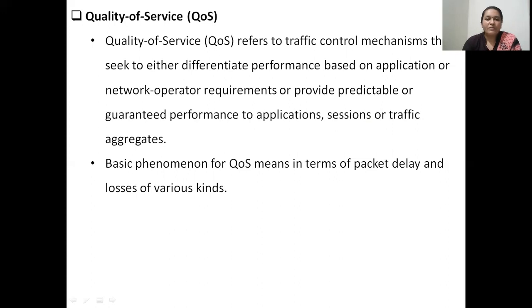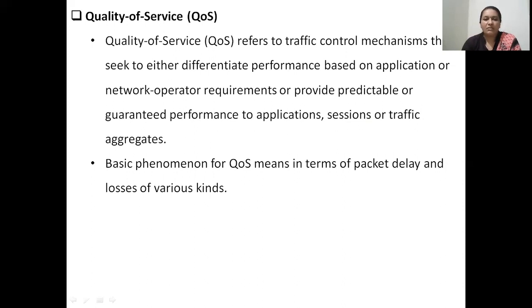So we expect quality in any of the product we buy today. So if we are buying data packets or network service from an internet service provider, we expect the best type of service for us. So when we talk about network services, we want guaranteed performance, or at least some predictable performance for our applications.